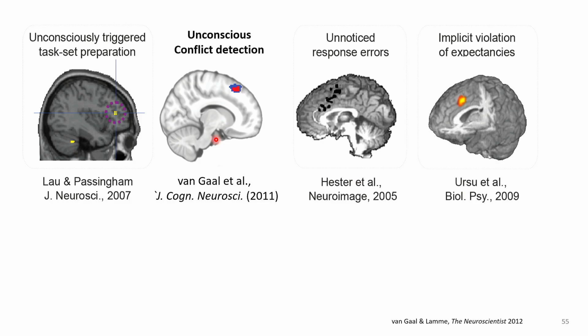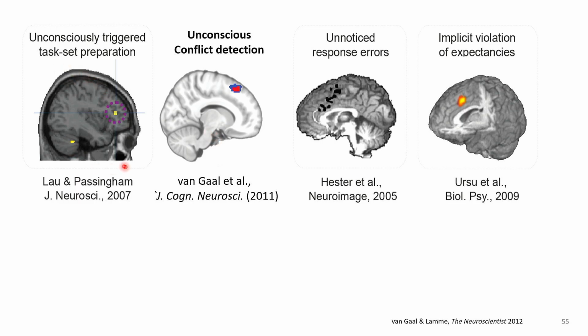And there are very many other studies showing pretty much the same thing, which is that you can get these high-level, typically prefrontal activations and cognitive functions being executed despite the stimulus activating these functions not being consciously perceived.